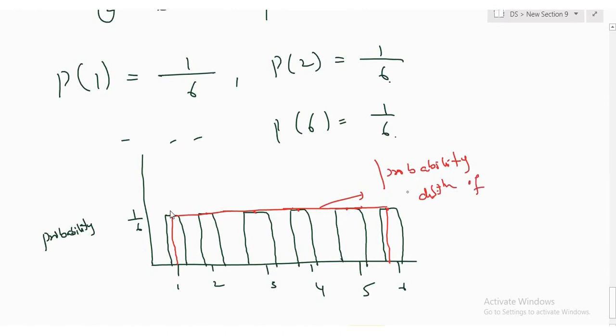Probability distribution simply. Probability distribution of a die. Agreed? Agreed or not? So this is also called uniform distribution.